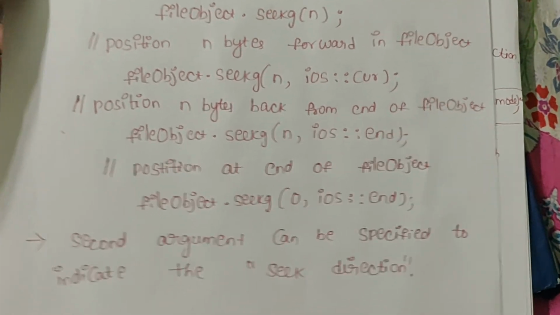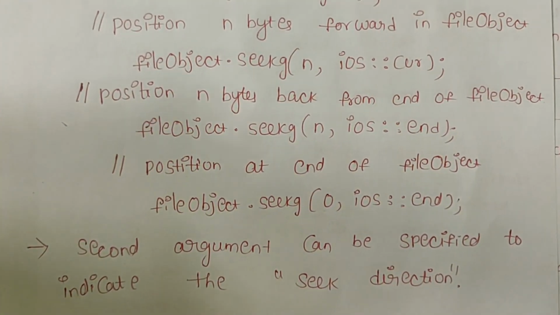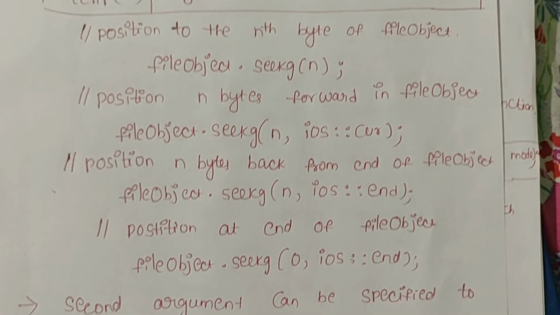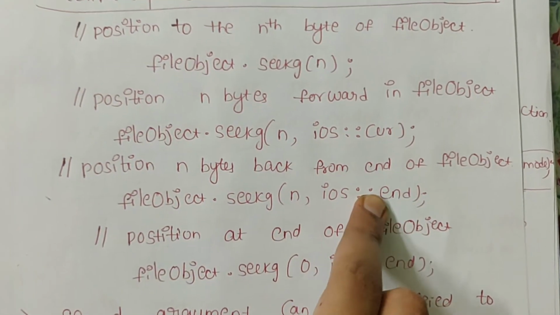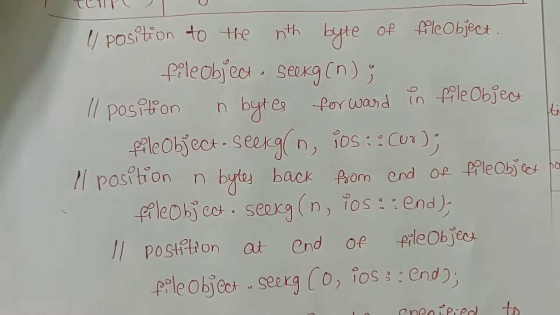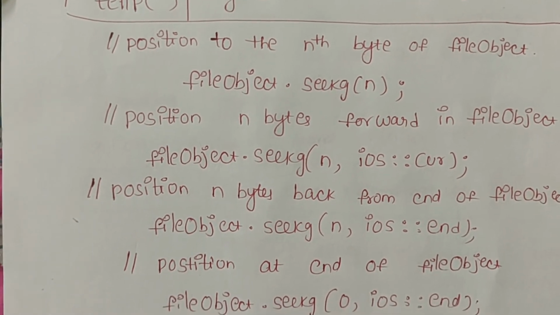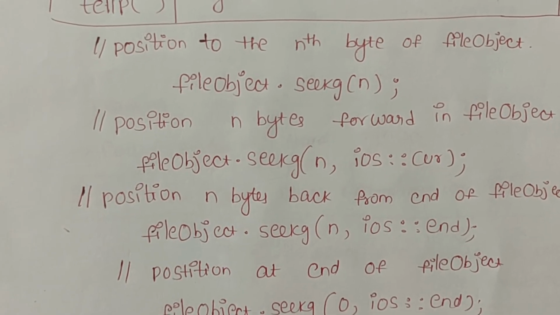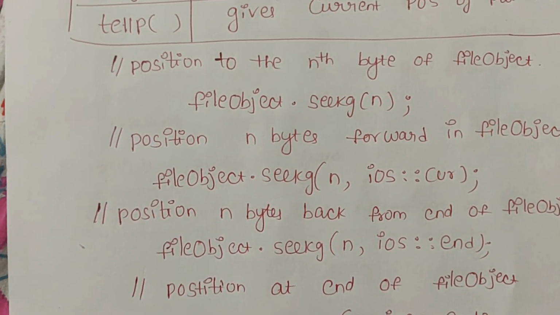See, we are discussing this second argument. The second argument can be specified to indicate the seek direction. Here it is referring to the current position. Here it is referring to the end of the file. File object is a class. These seekg and all these functions are present in the class file object. Don't get confused with these classes.